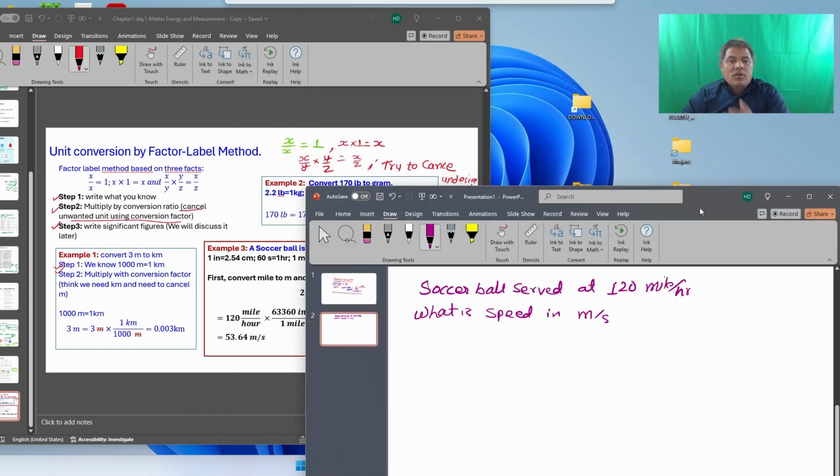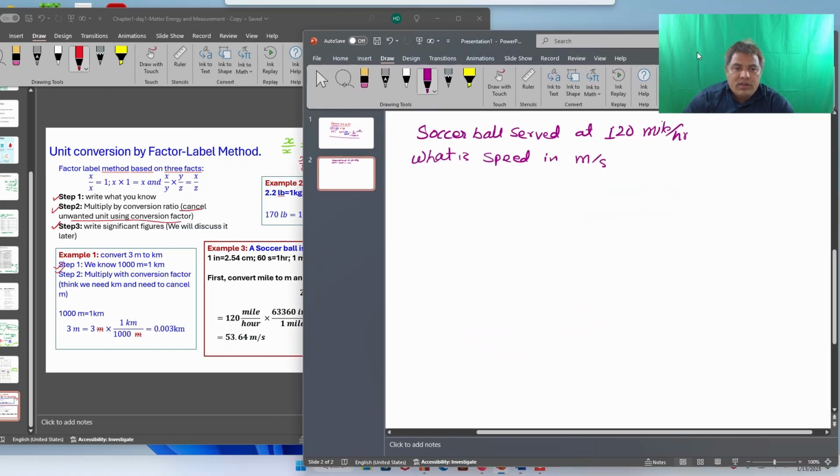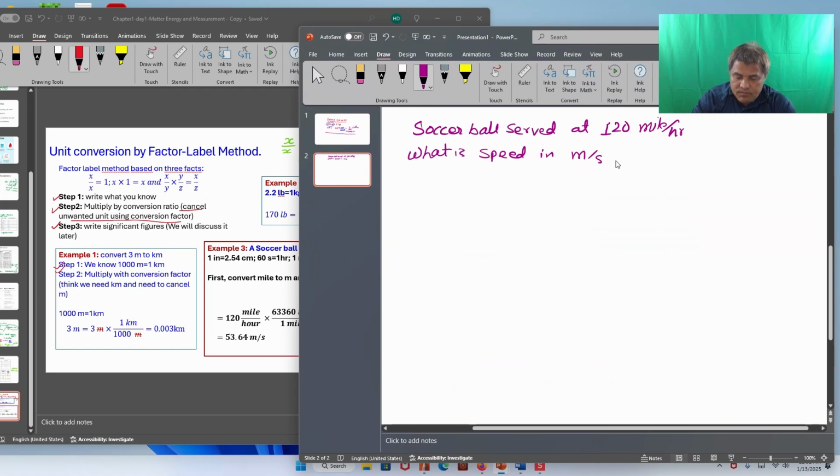Now the known things are these. Given that 1 inch is equal to 2.54 centimeter.